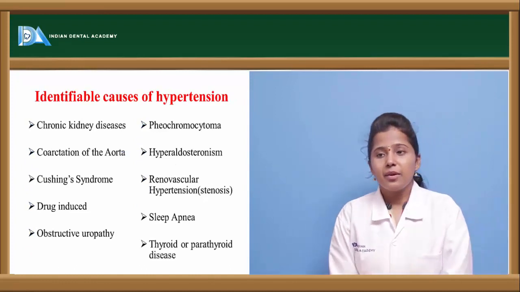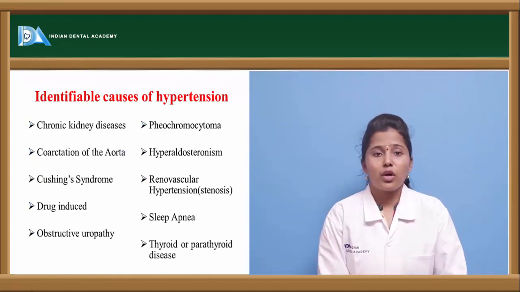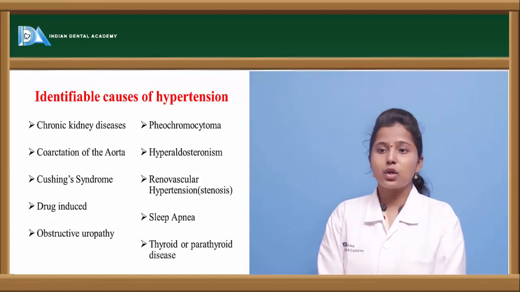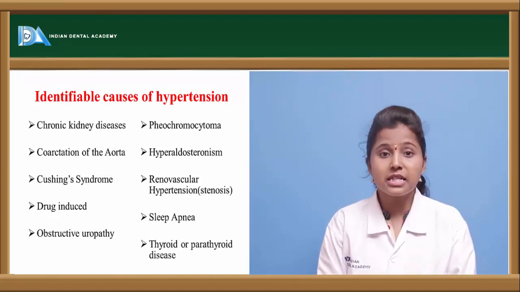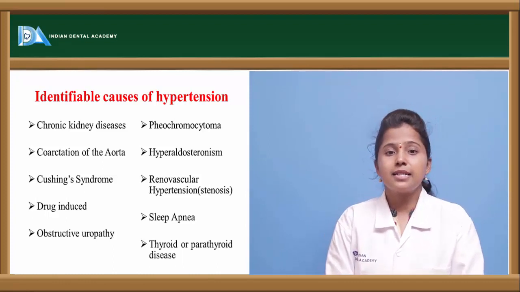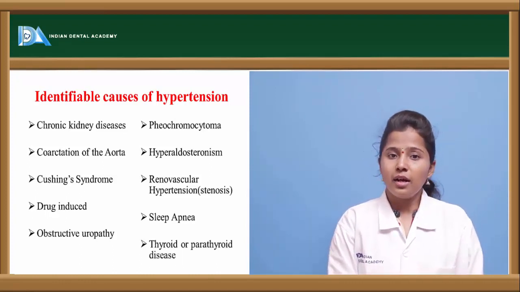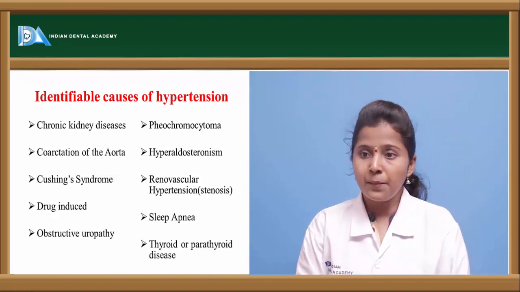Let us see the identifiable causes of hypertension. What are the other causes through which hypertension can be caused? One is chronic kidney disease. If a person is suffering from kidney disease for a long, chronic period of time, then definitely the person is prone to hypertension.